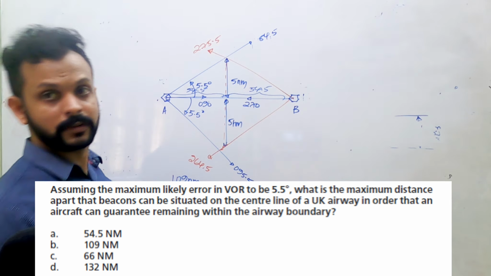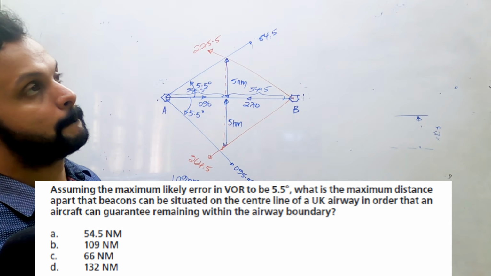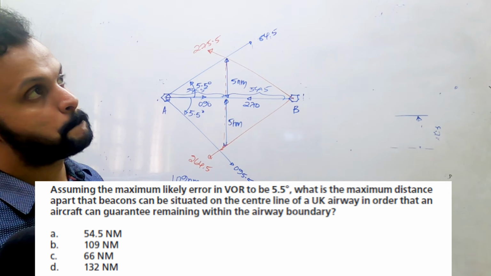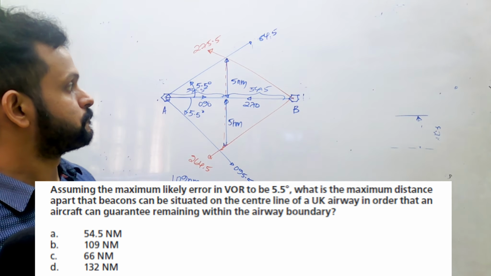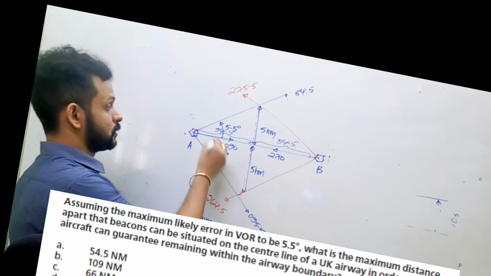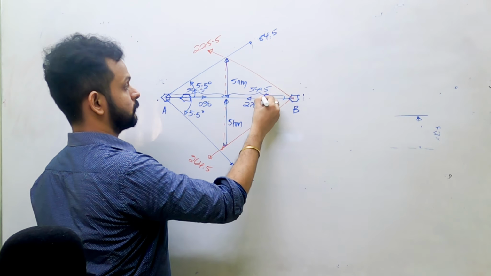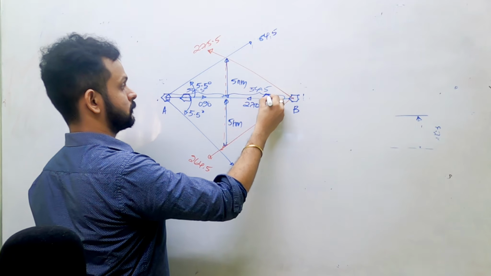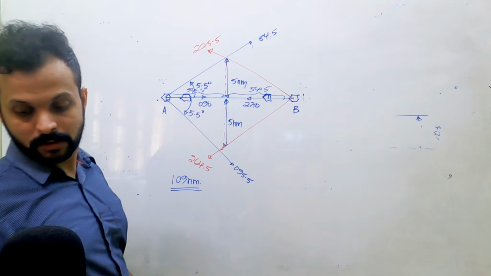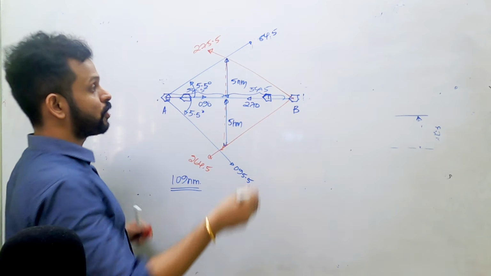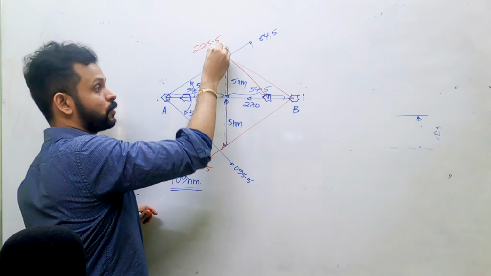What if the distance is less than this? The width is still how much? 10 nautical miles. To accommodate a 10 nautical mile width, you see what is going to happen to the angle?